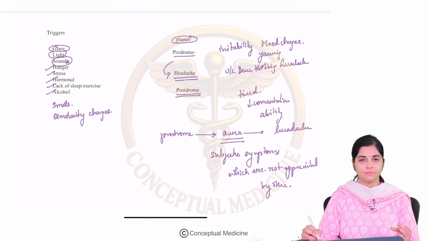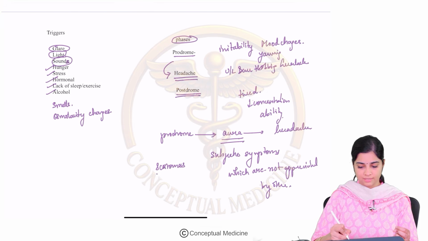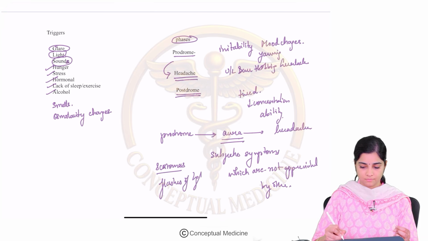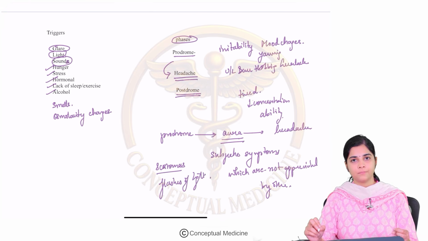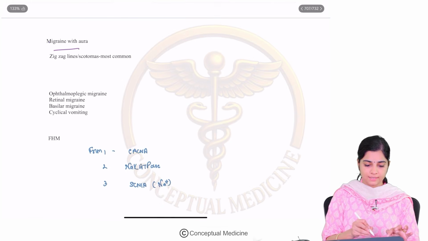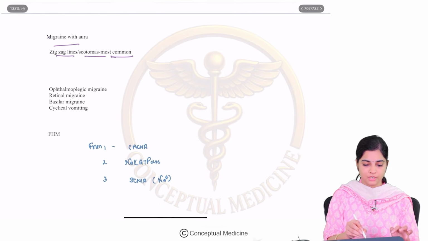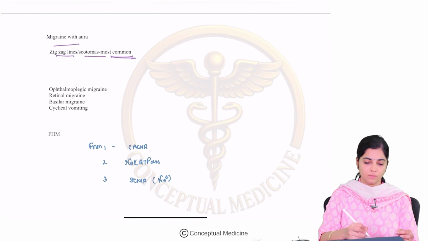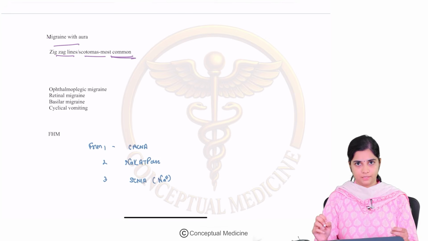So what are the types of aura they can have? They can have auras like scotomas or flashes of light. Fine. So this is about the various phases of a migraine attack. In a migraine with aura, you can have zigzag lines, and scotomas, which are most common. Now, this is your classical migraine.